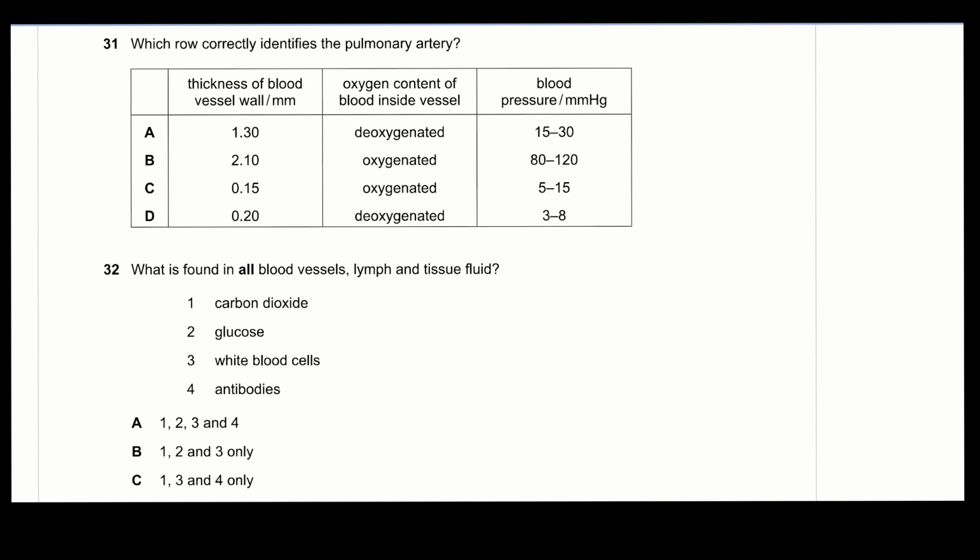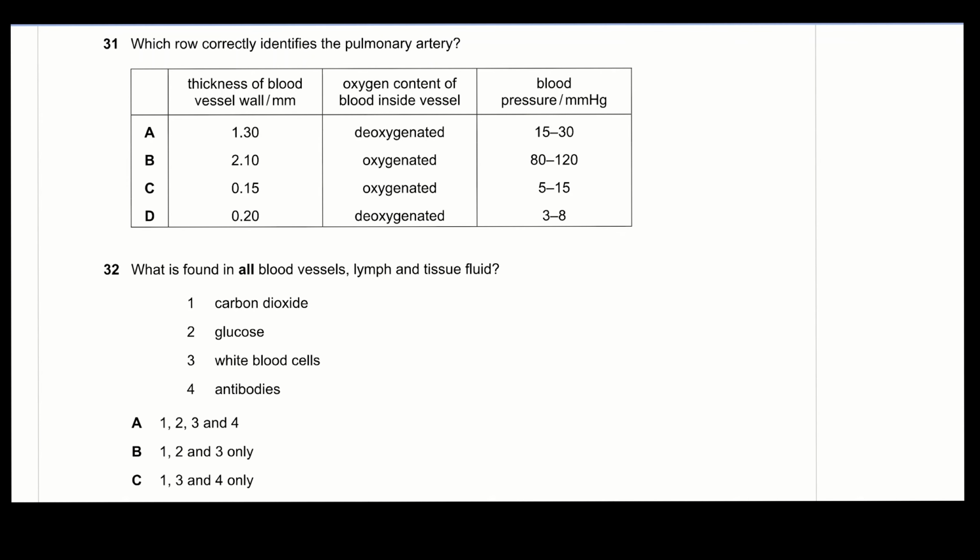31. Which row correctly identifies the pulmonary artery? To make things clear, we have to first know whether the pulmonary artery has deoxygenated or oxygenated blood. As we all know, the pulmonary artery goes to the lungs, from the ventricle to the lungs. Why? So hemoglobin is able to bind with oxygen, forming oxyhemoglobin in the lungs.